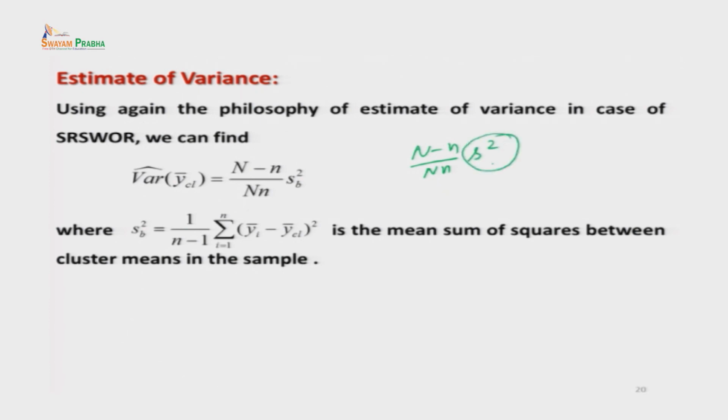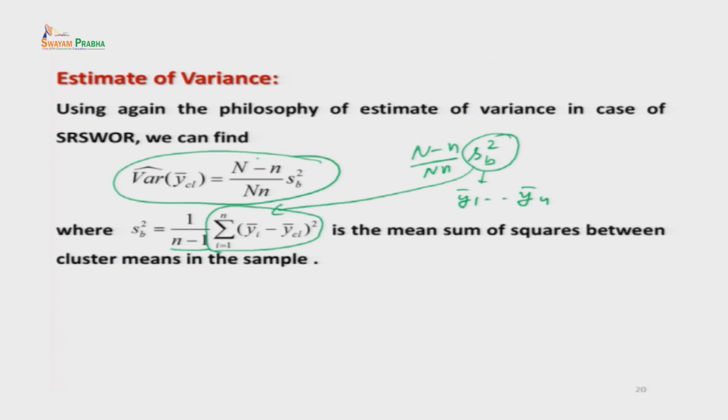Now this s square is replaced by s square based on y1 bar, y2 bar, yn bar, which we define as s b square, 1 upon n minus 1 summation i goes from 1 to n of y bar i minus y bar CL whole square, and this is once again an unbiased estimator of the variance of y bar CL. So you can see we have found the estimator, its bias, its variance, and the estimate of the variance exactly on the same lines as in simple random sampling.